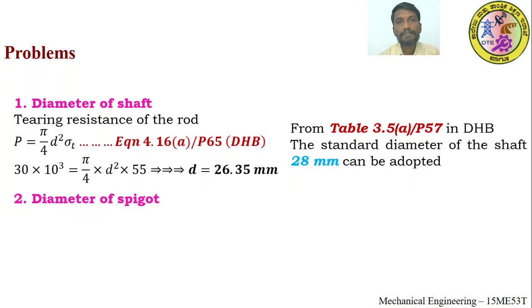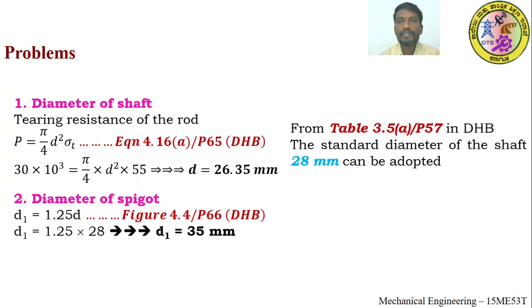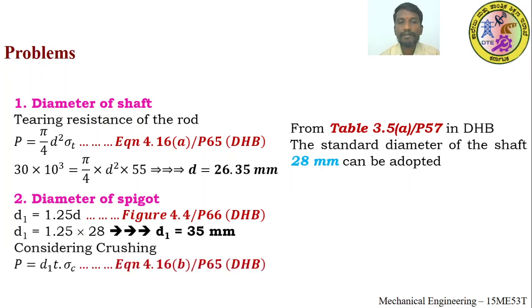Then come to the diameter of the spigot. The diameter of the spigot is mentioned as d1 is equal to 1.25 times d in figure number 4.4 on page number 66 in the data handbook. Applying the values, we get d1 is equal to 35 mm. But the spigot is subjected to crushing. So, considering crushing, we get the formula, equation number 4.16b, page number 65 in the data handbook.